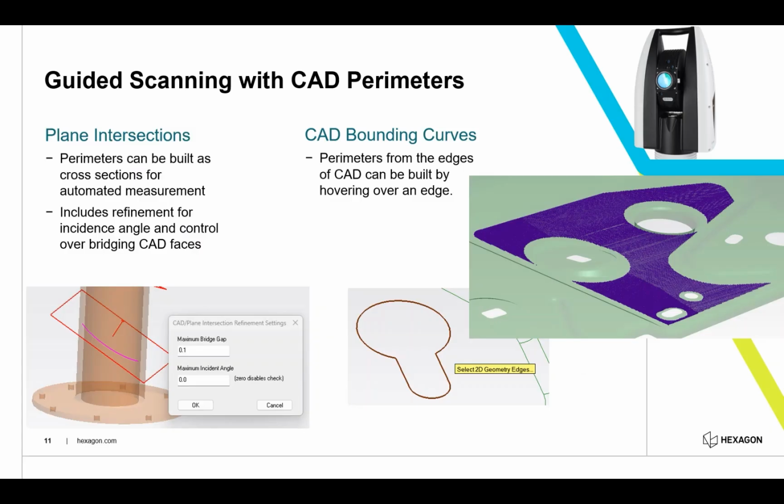And when you come to actually scanning those regions, you need to be able to both build a definition of where to scan and guide the instrument. So what we've done here is provide a really nice way of using perimeters, either directly from the CAD model, where we've built a tool for extracting edges and unique contours by just simply hovering over them, and also by taking planes and intersections and working on trying to figure out how to use those to refine the intersection between that plane and the model, so that you know exactly what you're measuring and you can limit that measurement to what the instrument can see.